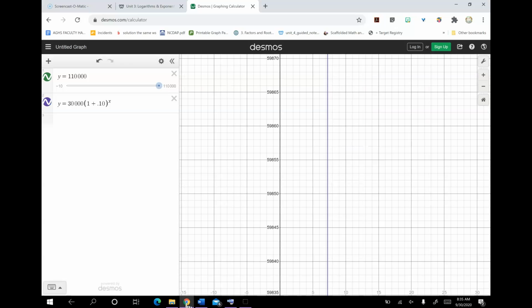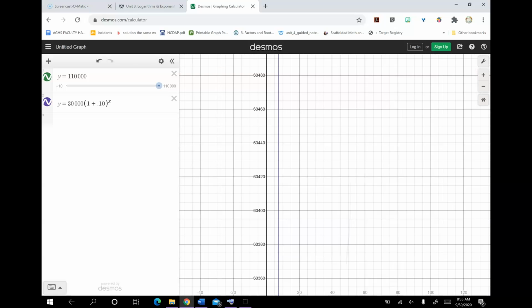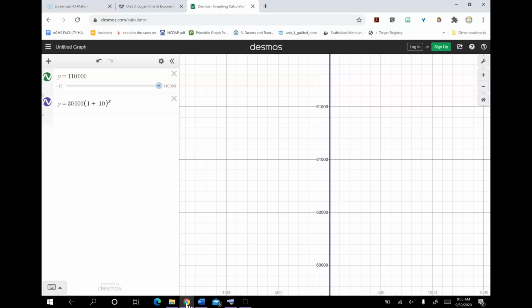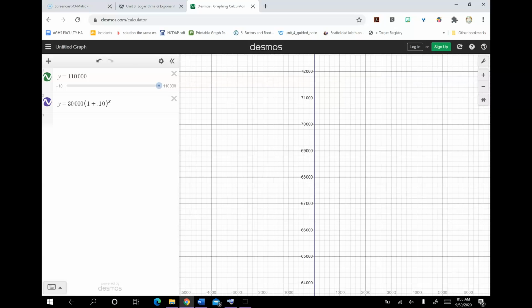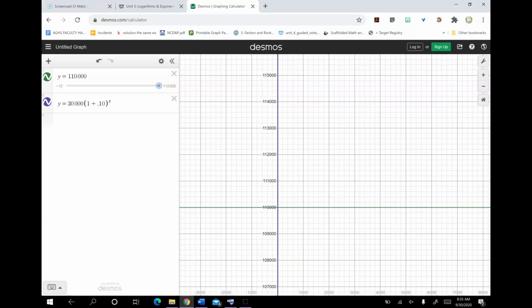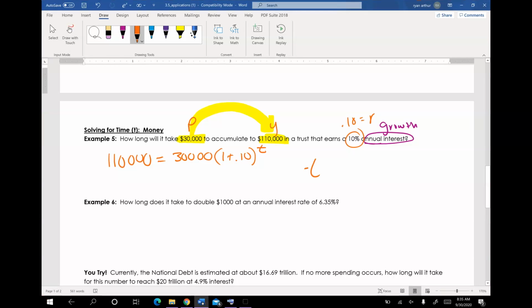So we're going to zoom out some more. Keep zooming out, keep zooming and scrolling. There we go. All right, we found the answer. Click that point. So it's going to take about 14 years is what you'll say. Okay, so T is going to be 14 years.